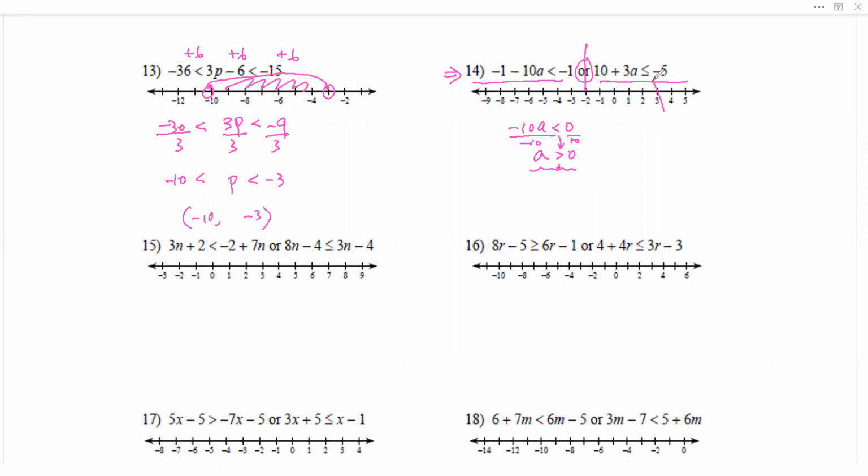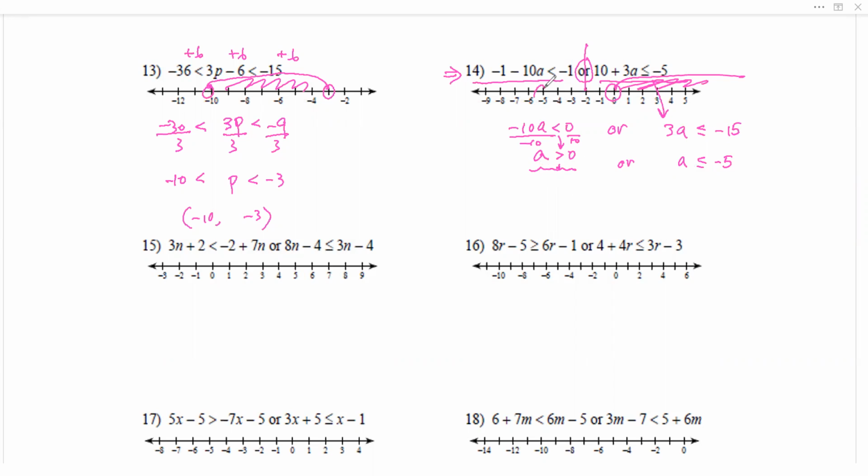Okay, so see the second part. Here is "or". So 3a, both sides minus 10, so you got minus 15. Both sides divide by 3. So we didn't change, right? So a greater than 0 or a less than negative 5. A greater than 0 is this part.